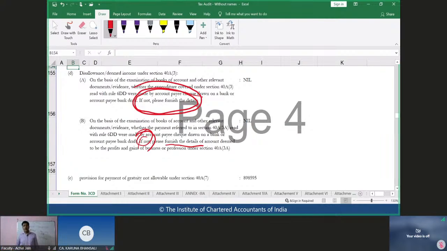That's why for most decently sized companies, you will not see any particular to be reported over here. Why? Because they may not have any cash book.